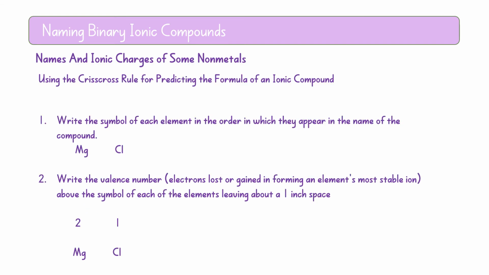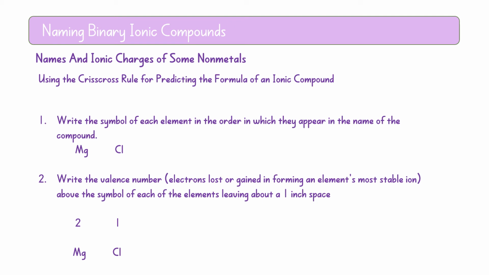Now, let's use magnesium and chlorine, but we're going to use what's called the crisscross rule for predicting the formula of an ionic compound. Number 1, write the symbol of each element in the order in which they appear in the name of the compound. So we have magnesium and chlorine.